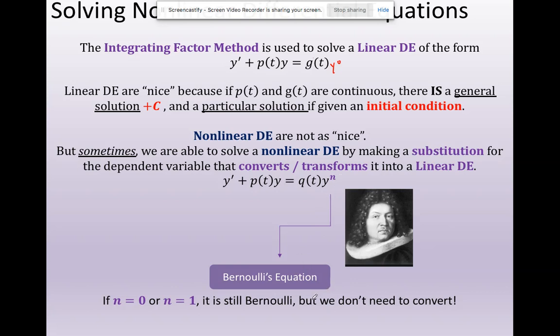But if n is 2 or above, and I am talking about n being integers, when I say Bernoulli's, I think of when n is greater than 1. That's when I use what I think of as the Bernoulli method.